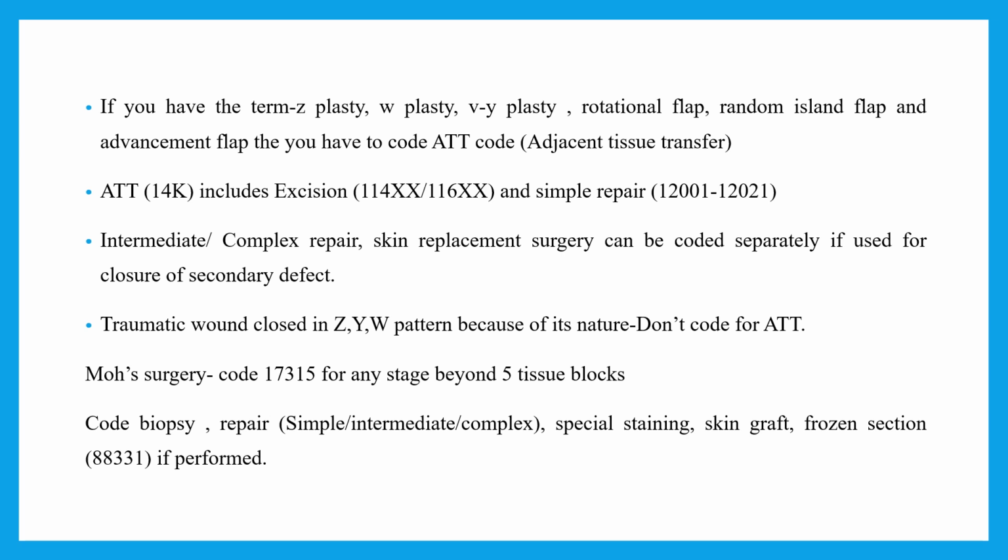So Mohs surgery code is starting from 17315 for any stage beyond 5 tissue blocks. We will see an example of how to do the Mohs surgery code. So code biopsy, repair, simple, intermediate, complex, special staining, skin graft, frozen section if performed. So you need to indicate whether a biopsy is performed with the Mohs surgery, any repair, special staining, skin graft, frozen section, then you need to code it.